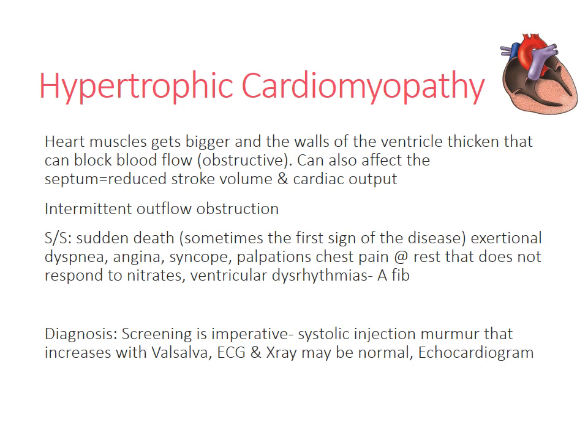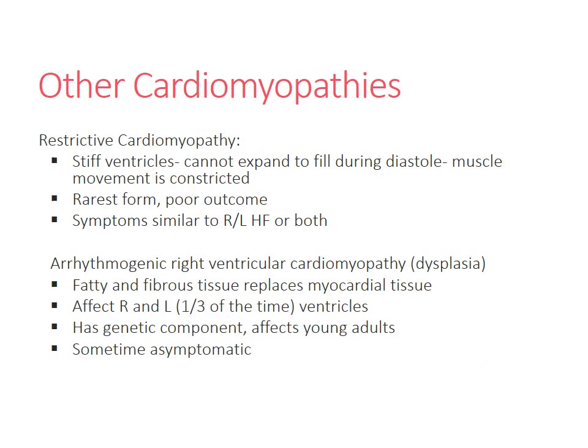We can do an echo to look at the septum and the left ventricular wall thickening, and then they can do confirmatory tests like genetic tests and cardiac muscle biopsy. They can look for myofibrillar disarray, where the muscle cells aren't lined up linearly, but instead are all over the place in different directions. And this disarray of muscle fibers is really what causes hypertrophic cardiomyopathy in the first place.